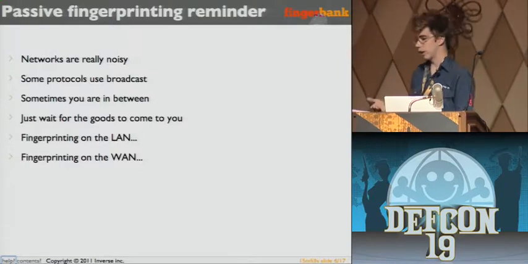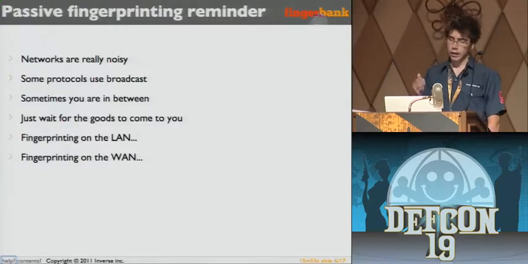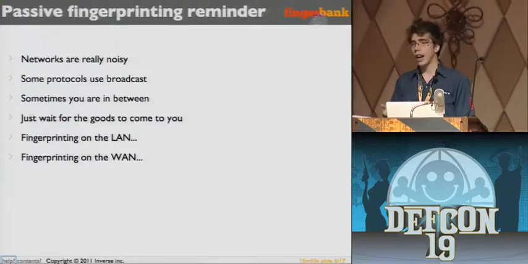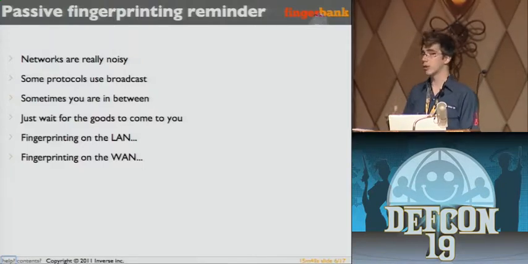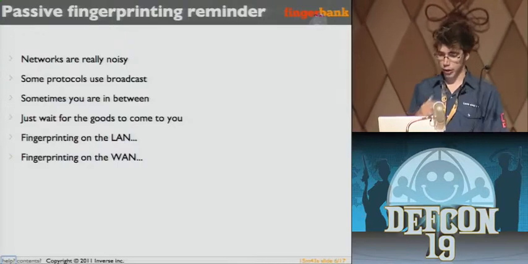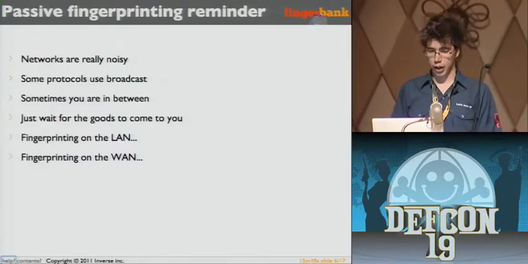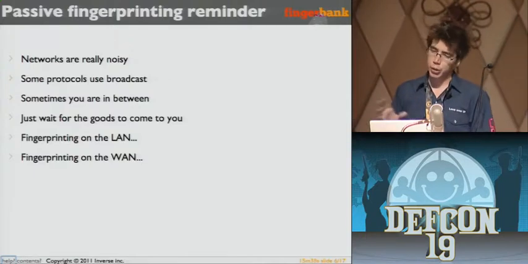The Wall of Sheep is a good example of that. If you can sit at a spot like that and sniff traffic, then you will see a lot of stuff. And fingerprinting becomes really interesting because you'll be able to identify operating systems of your guests, the browsers, the version of software and stuff like that.